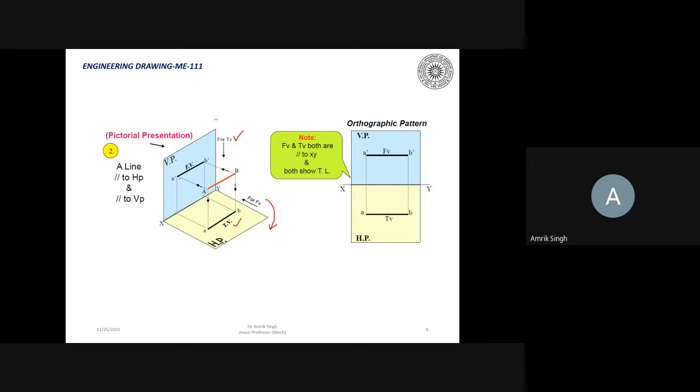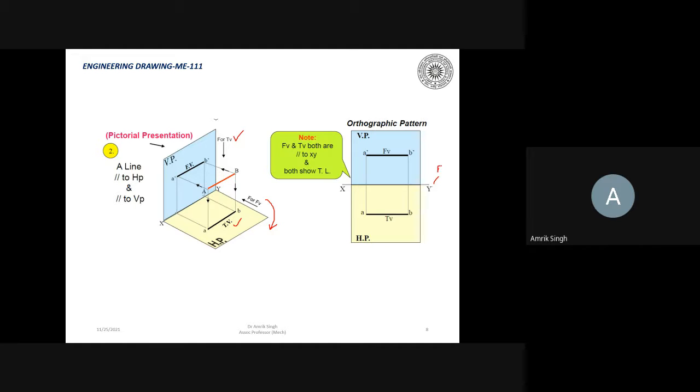You have to be careful with these notations. The top view will be represented by the small letter, and the front view will be the small letter prime or small letter dash. Now when you open it up, XY is again a reference line.